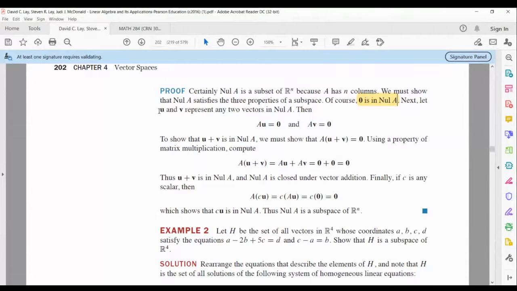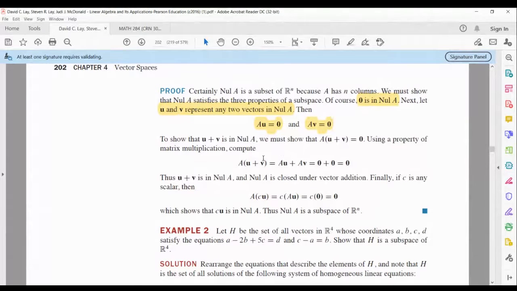Now next, they let u and v be any two vectors in the null space of A. By definition of a null space, A times u would have to equal the zero vector, and A times v would have to equal the zero vector.